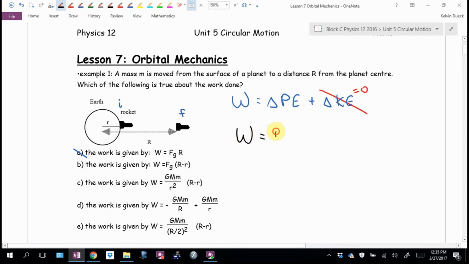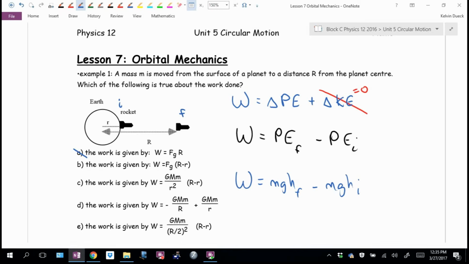So this is going to be PE final minus PE initial. Oh, potential energy, Mr. Dewick, that's easy. That's going to be mgh final minus mgh. Or is it? Why can't I just do that one? g is changing.